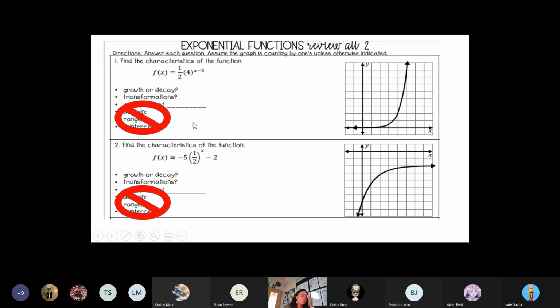Okay, now moving on to review 2, which is page 7. I'm going to look at my 4 here. That's my ratio. Okay, remember your B term is always going to be the one that has the exponent. Do not get confused by an A term being your B term. Your B term always has the exponent. So if B is equal to 4, that's greater than 1, so it's showing growth.